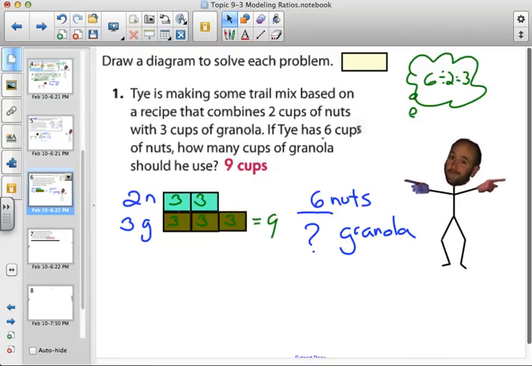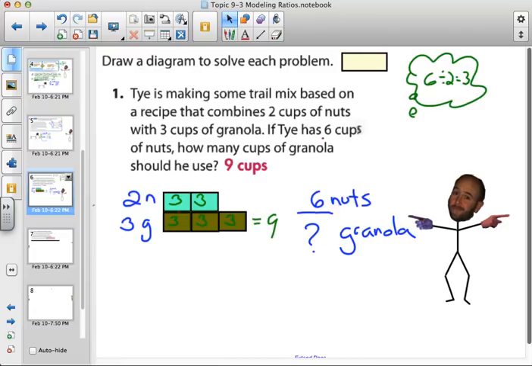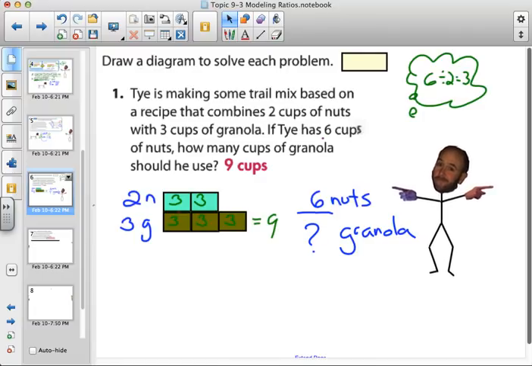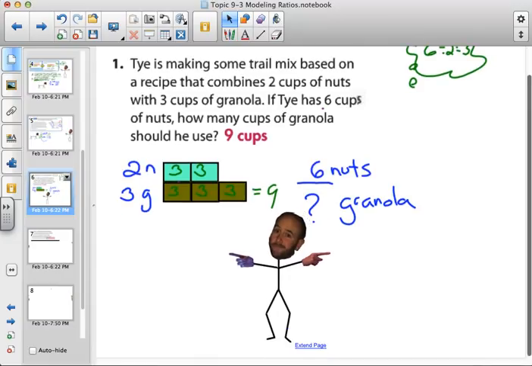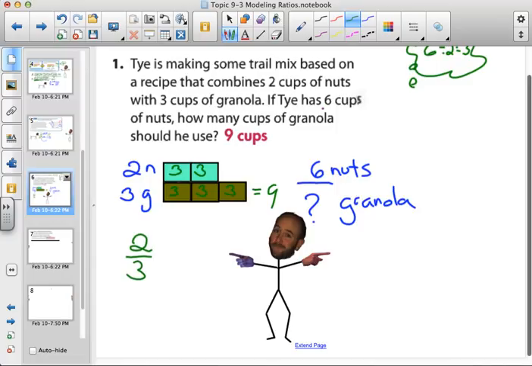Maybe what we need to do then is do it mathematically. Some of you even did it in your head, didn't you? So let's look at it from an algorithmic point of view. Let's start out with our original ratio, which is 2 to 3, and we want to create a ratio of 6 to something else.